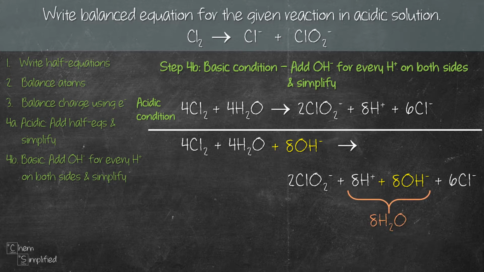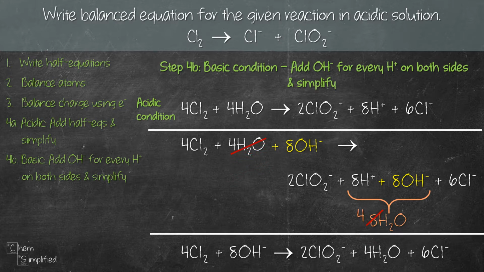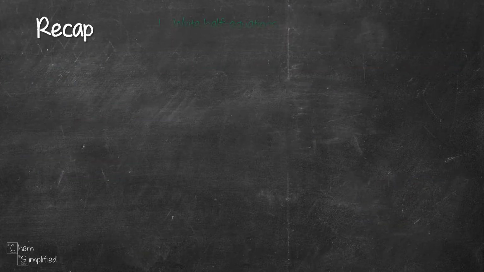And then we can simplify it, and that will give us 4H2O on the right hand side. So now we rewrite the equation and we get 4Cl2 plus 8OH-, giving us 2ClO2- plus 4H2O and 6Cl-. That's our balanced equation in basic condition.